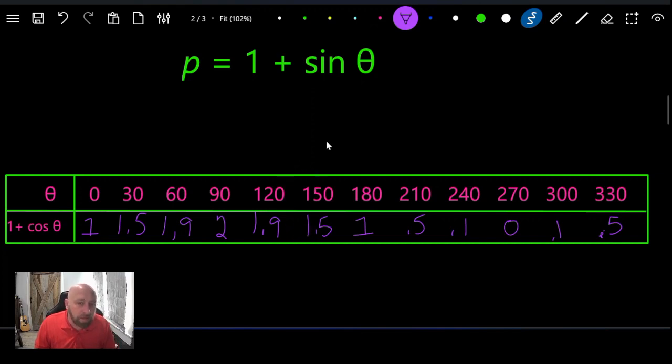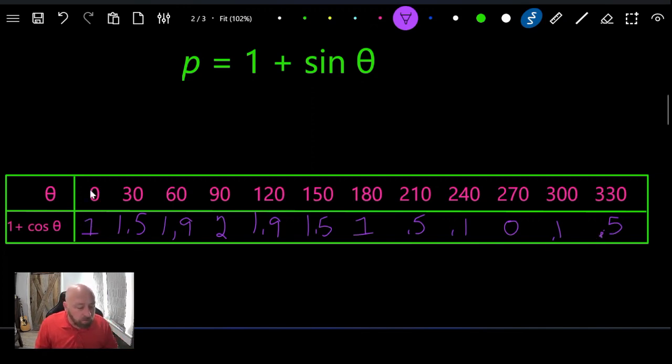There's a reason for that, because sine is positive in the first and second quadrants, so these are going to mirror each other. Then once we get into the third and fourth, sine is negative, so we see another pattern: 0.5, 0.1, 0.1, 0.5, okay? And so we see that pattern form there.